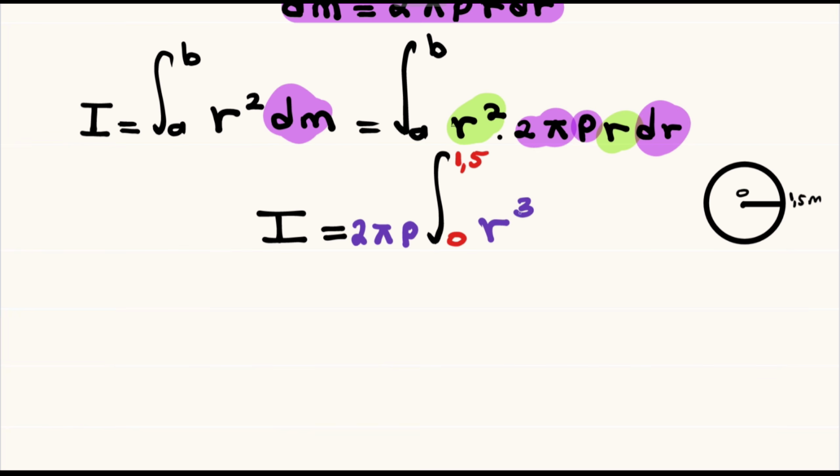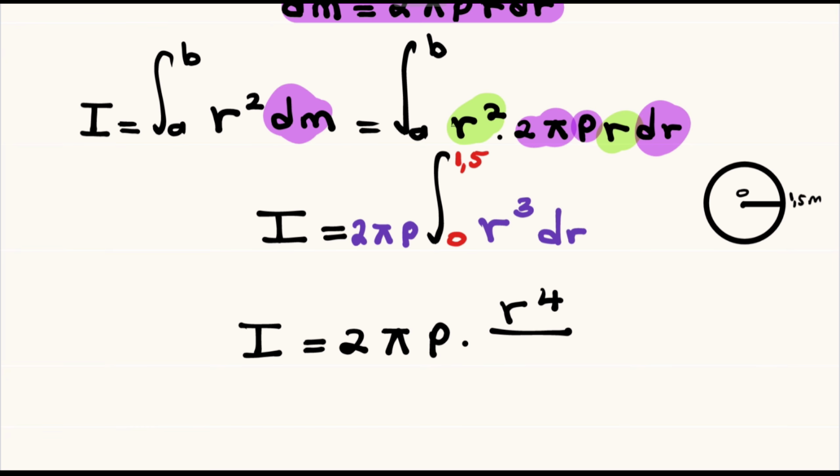And we have the dr. Now we integrate with respect to r. Our I will be equal to 2 pi multiplied by density. The integral of r cubed will be equal to r to the power 4 divided by 4 with our bounds from 0 up until 1,5 meters.